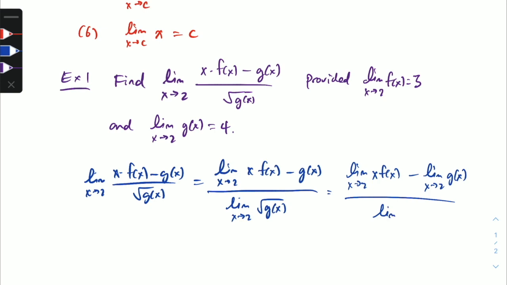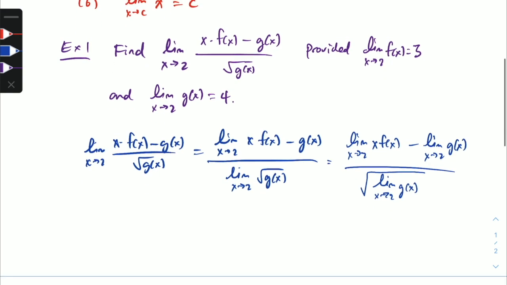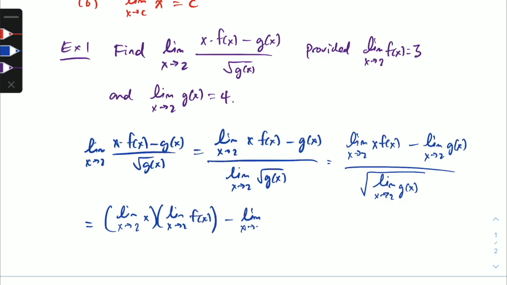At the bottom we have the limit of a root of g of x. So that's going to be a root of the limit of g of x. And on the top, the only thing left to do is we have this product. So this is going to be the product of the limit of x and the limit of f of x. And now we can just use what we're given. We know what the limit of g is and the limit of f is.